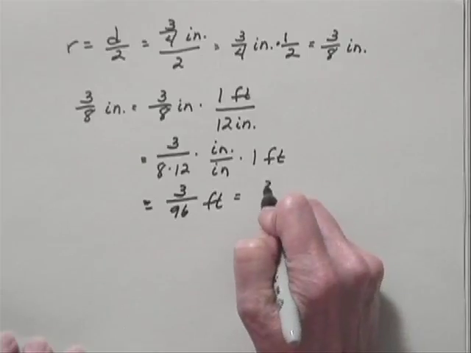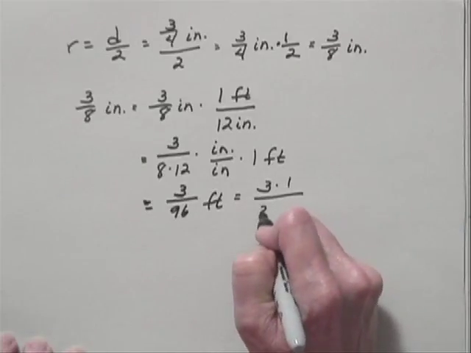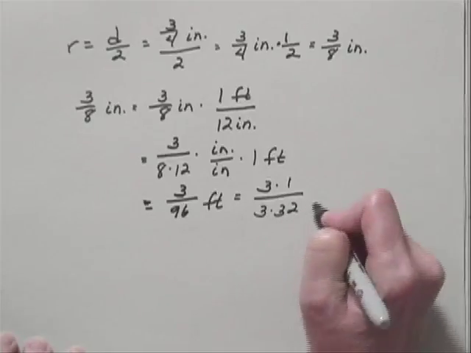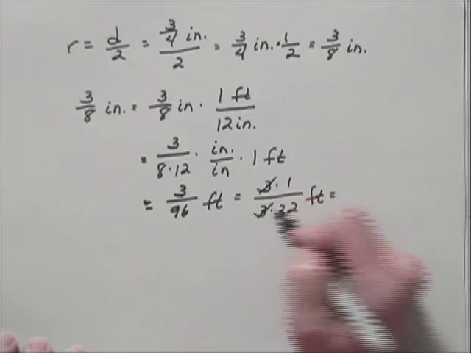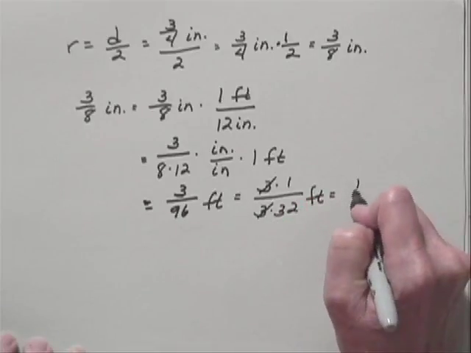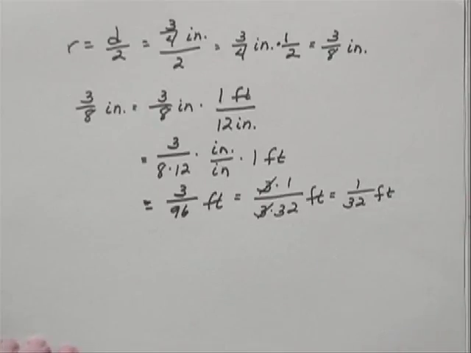And I can simplify that. 3 I can write as 3 times 1, and 96 I can write as 3 times 32. So removing 3 over 3, which is 1, I have 1/32 foot for the radius of the base.